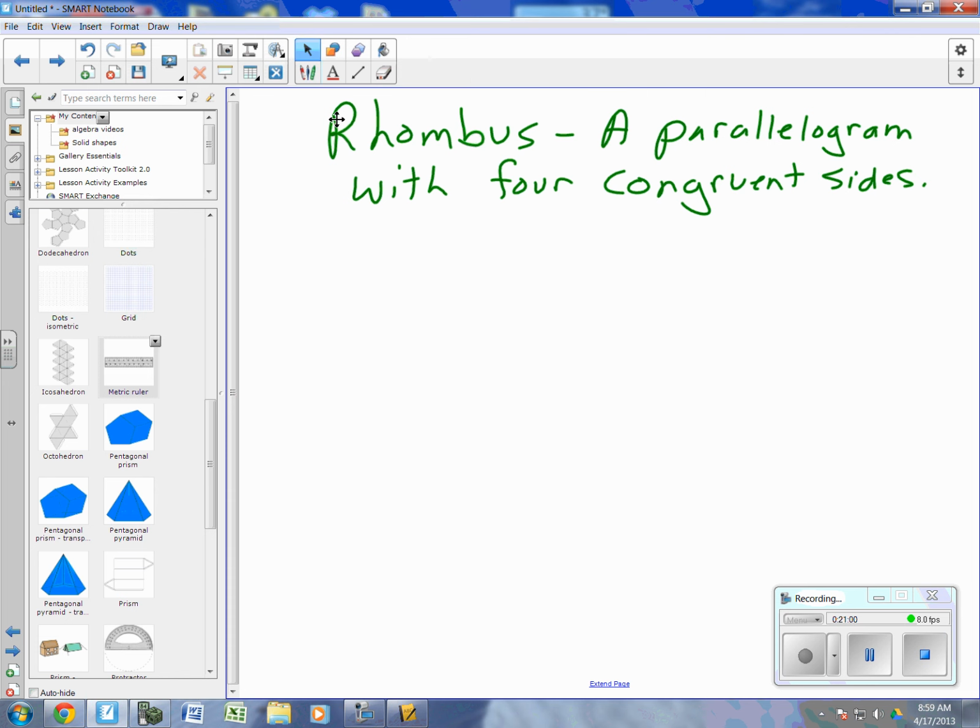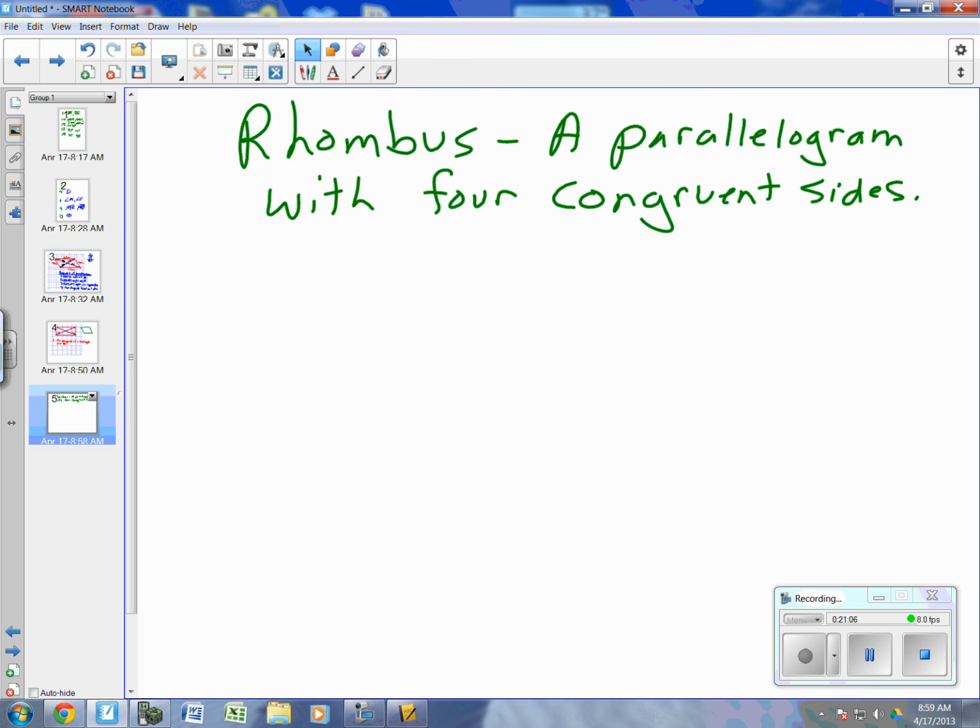I probably wouldn't use that one. Okay, just help you out a little bit. Now we know why you've been having trouble. Just kidding. All right. A parallelogram with 4 congruent sides.